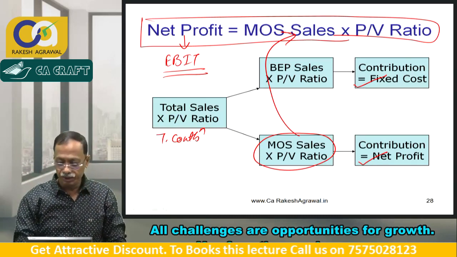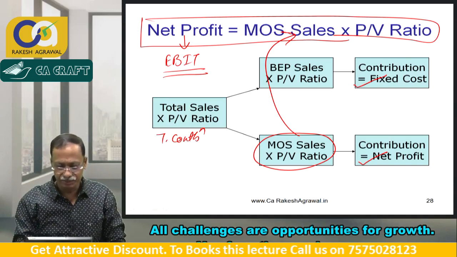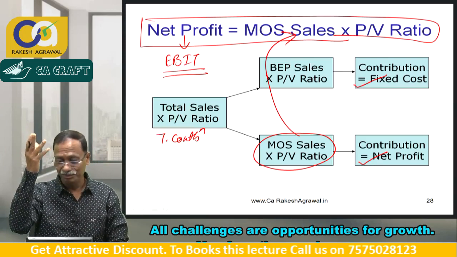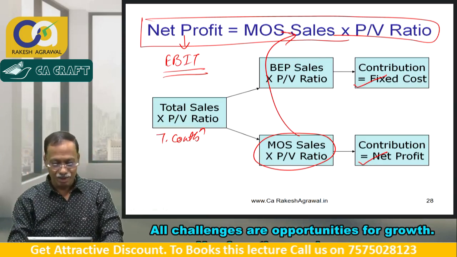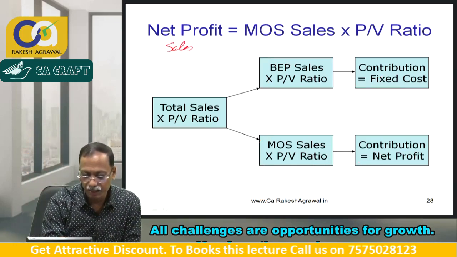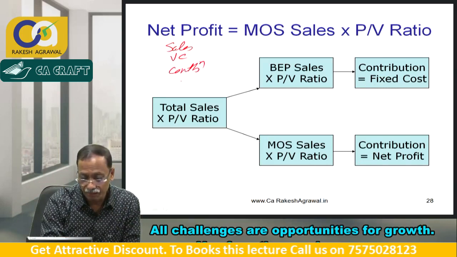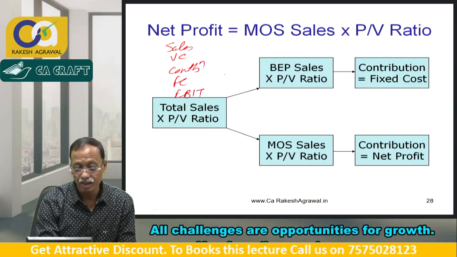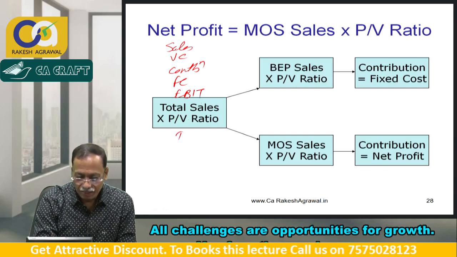If I connect it with your leverages, operating leverage, financial leverage, in case you remember: in operating and financial leverage, sales minus variable cost was contribution, minus operating fixed cost was your EBIT. And EBIT minus interest was your EBT.